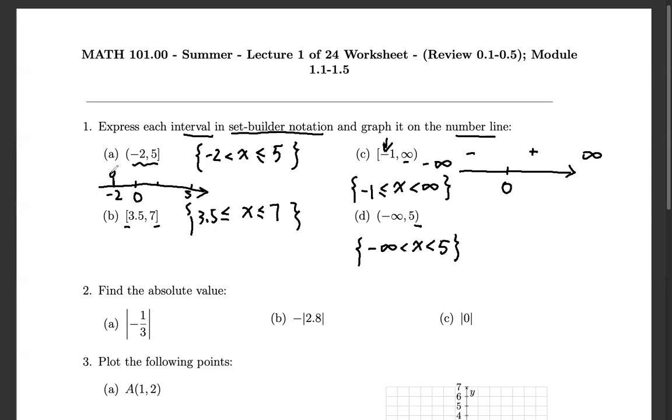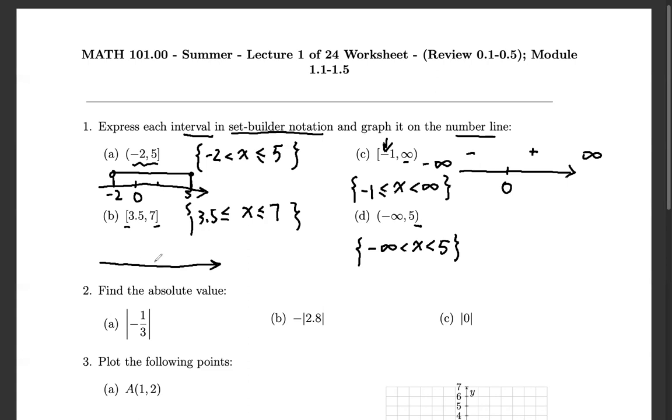So we make an empty circle. And a bracket, or with equal sign, we make a solid, so fill in. Then we see all the numbers in between of those two numbers, not including -2, but including 5. So that's the graph.